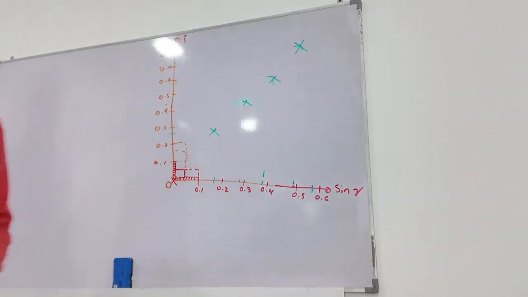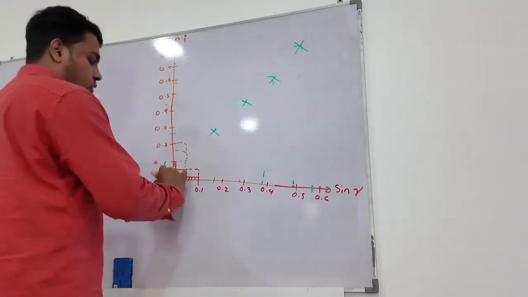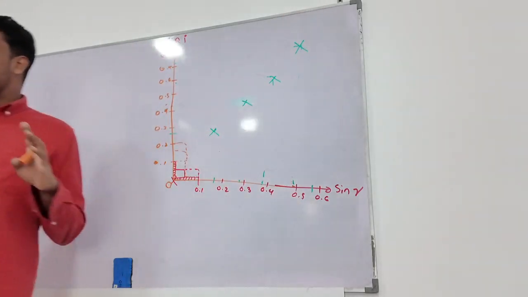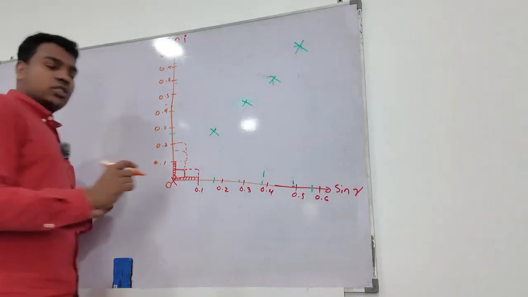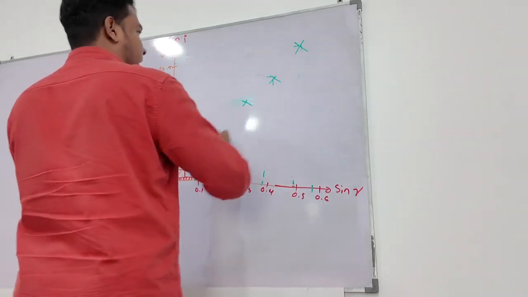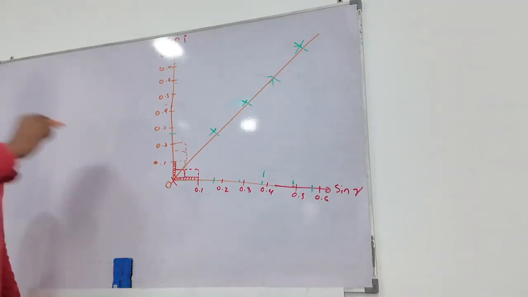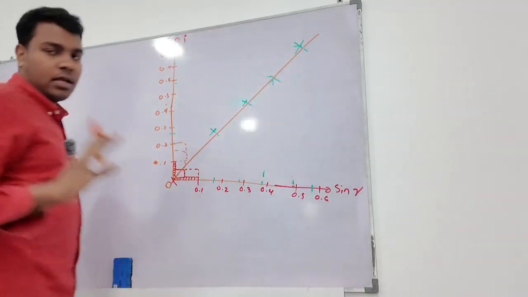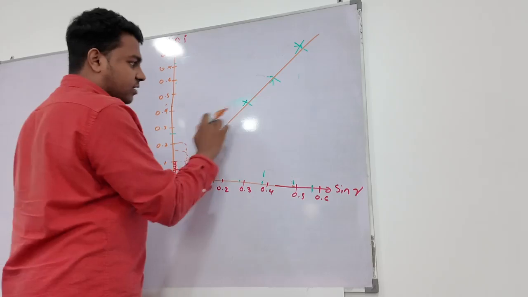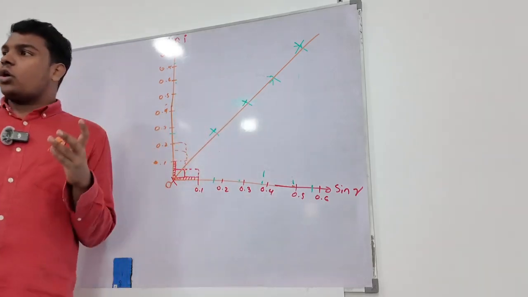And now what should you do? You can use the ruler to draw this graph. But it is better if you just connect the first point and the last point using your free hand. Just draw a straight line. Remember, these crosses don't have to be on top of the graph.